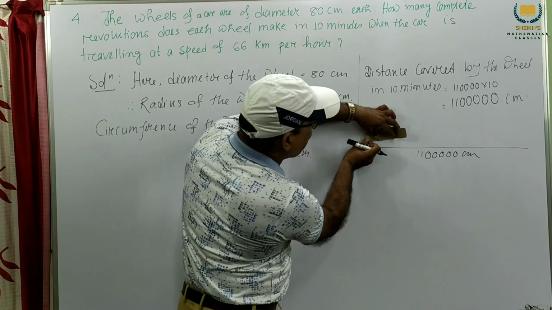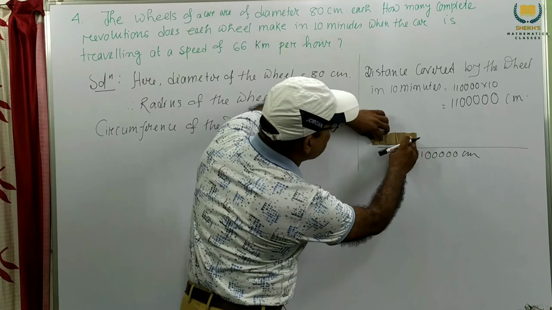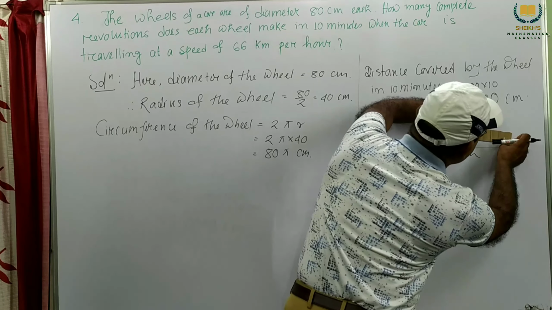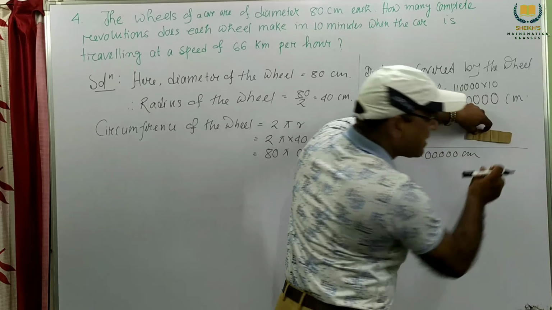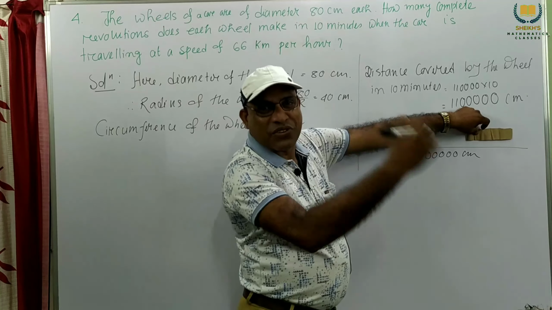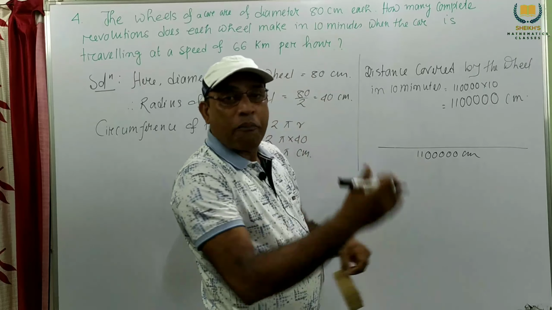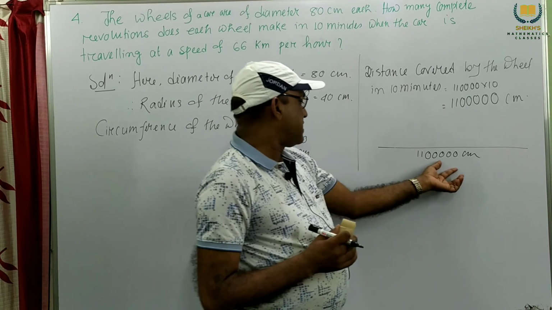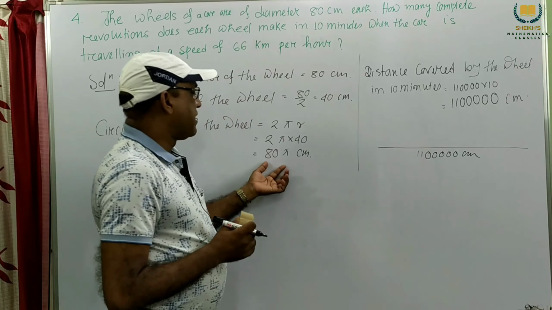Suppose this is one revolution, then another revolution, then another revolution. Yes, so we get it in this way. So how many complete revolutions do we get to cover this distance?